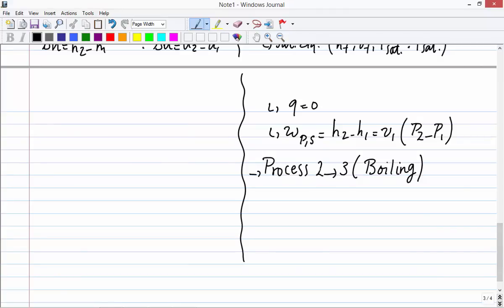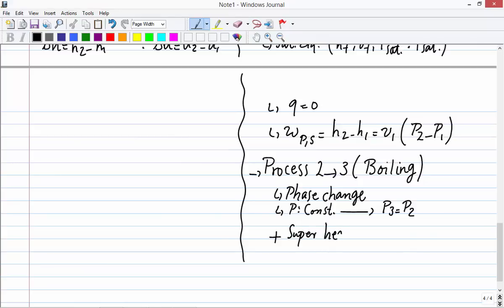So this process, point 2 to point 3, is boiling, phase change. And pressure would be constant. Therefore, P3 equals P2.